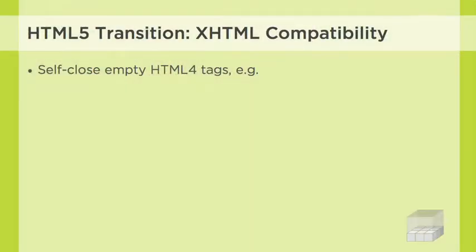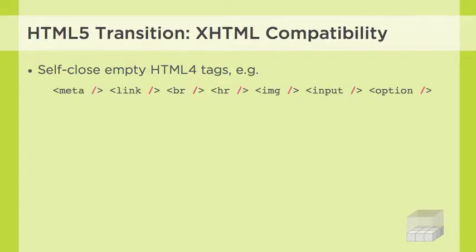And you may wonder, well, how do you do that? A lot of the techniques that were developed for keeping XHTML compatible with even HTML4 are still valid. So what this means is, first of all, you have to self-close empty HTML4 tags explicitly. For example, the following tags: meta, link, the break tag, horizontal rule, image, input, and option are all empty in markup parlance, which means that there is no separate closed tag.